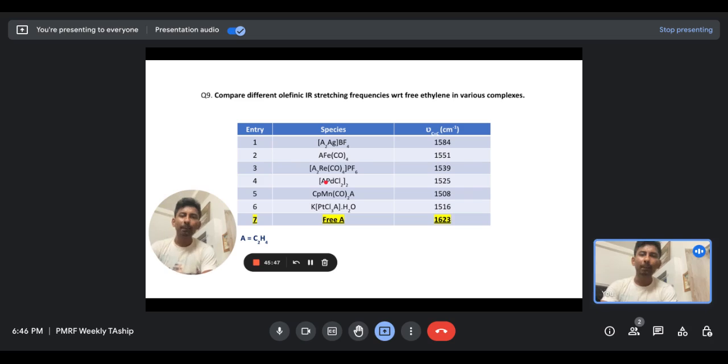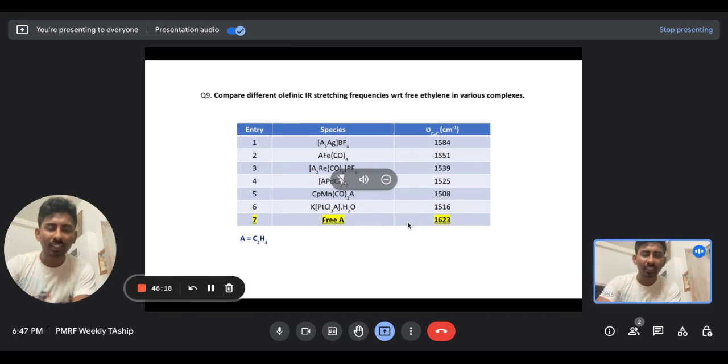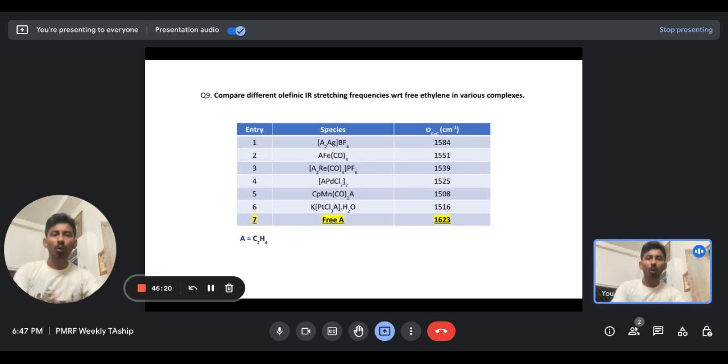The next compound, [APdCl2]2, has 1525. CpMn(CO)2A has 1508. And the next one is Zeise's salt that I have discussed much earlier, KPtCl3A·H2O, with a stretching frequency of 1516. And the last one is free ethylene, 1623, which is the highest among all the corresponding species.